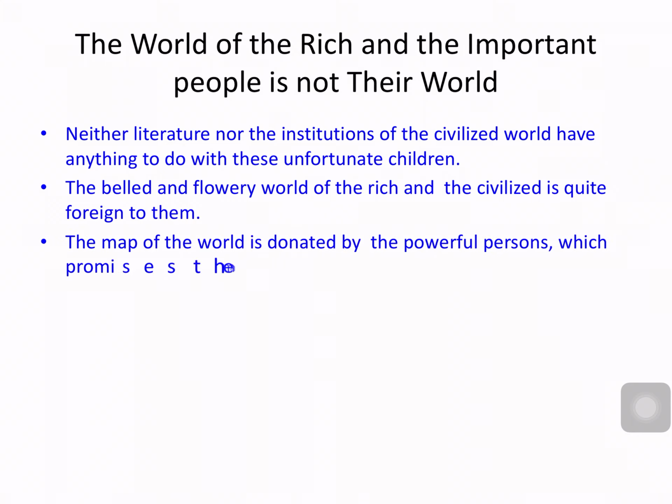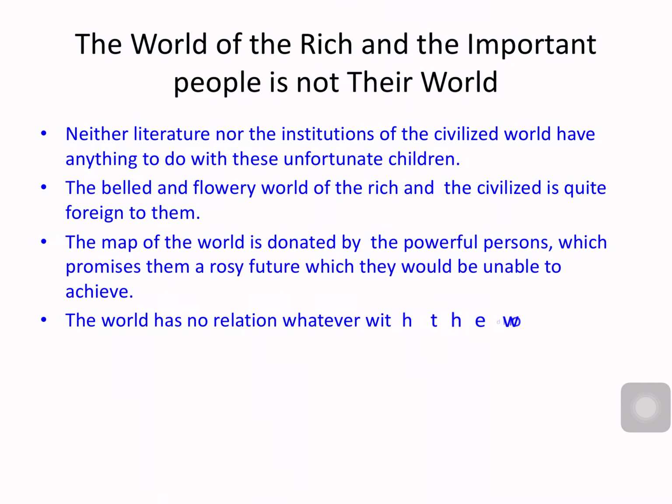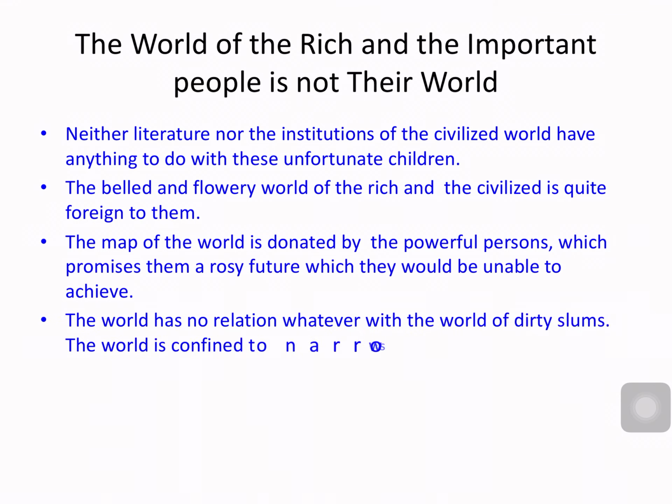The map of the world is donated by powerful persons, which promises them a rosy future which they would be unable to achieve. The world has no relation whatever with the world of dirty slums. The world is confined to narrow streets sealed in with a lead sky.